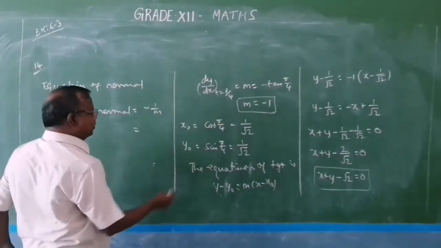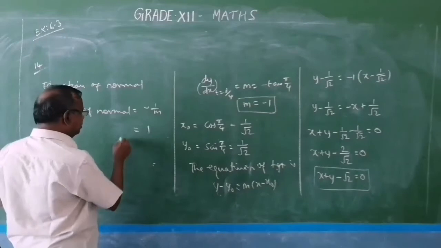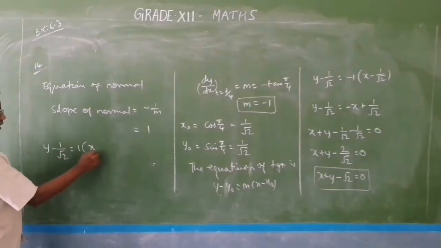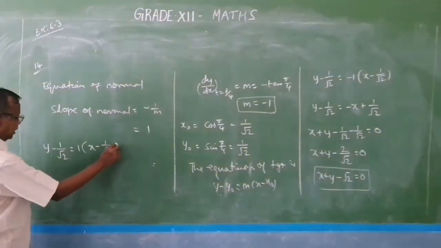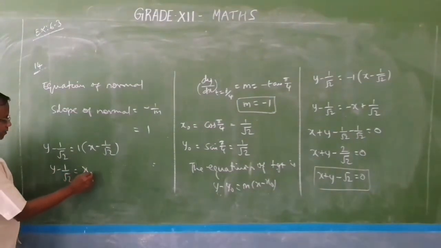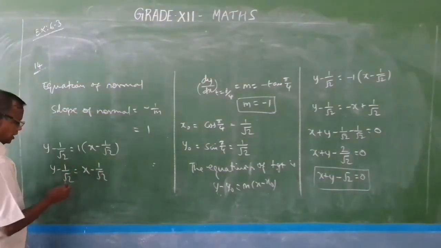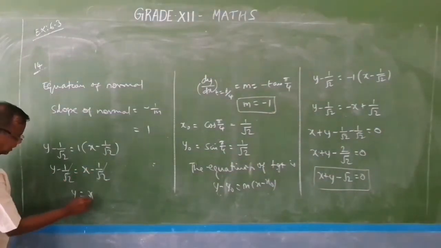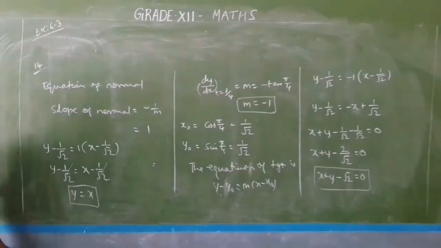So we have m equal to minus 1, therefore minus 1 by m equal to 1. Now equation of normal is y minus y naught, 1 by root 2, equal to 1 into x minus x naught, 1 by root 2. That is y minus 1 by root 2 equal to x minus 1 by root 2. The same terms on different sides cancel, therefore y equal to x, which is the required normal equation.